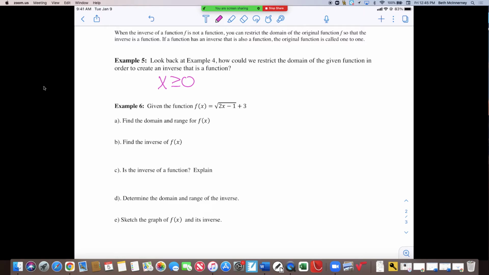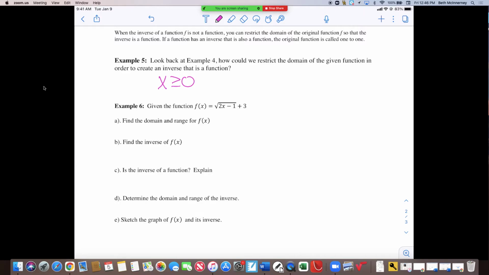So let's take a look at an example. It says, given the function f of x equals the square root of 2x minus 1, plus 3. So this is where it is super important that you remember all the parent functions that we've done and what the transformations do.